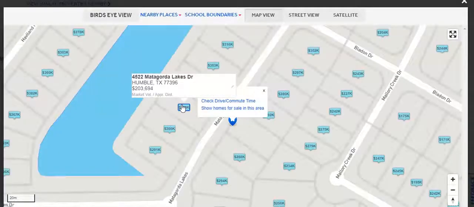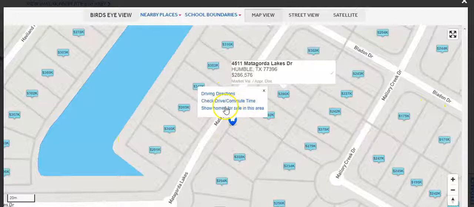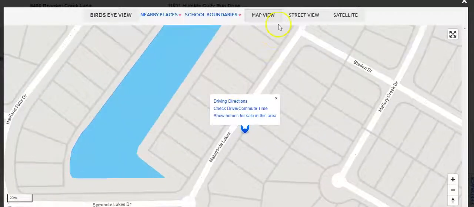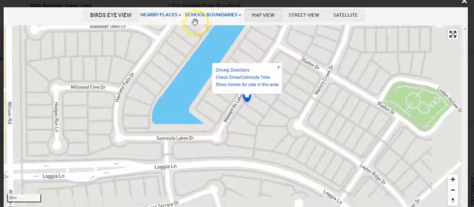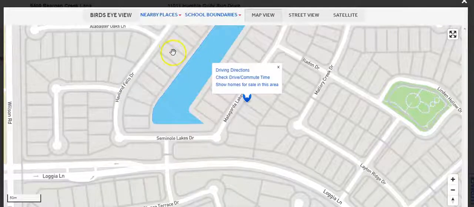Definitely would encourage you to click on that so that you can know what is near the property. You can click for restaurants. Gas stations.